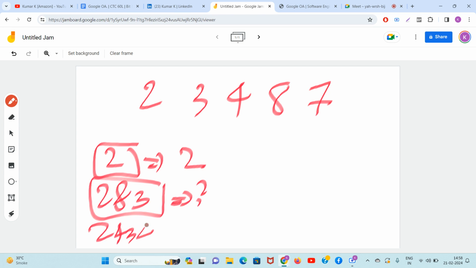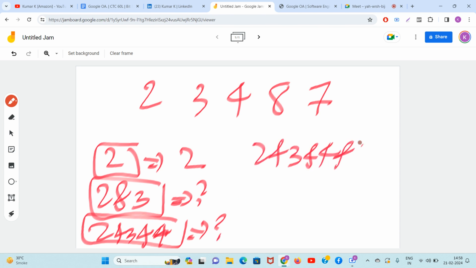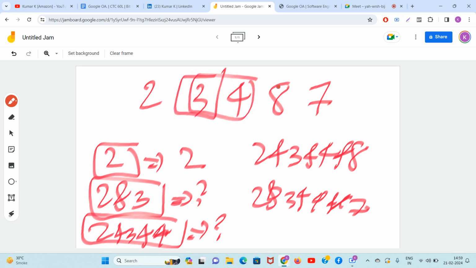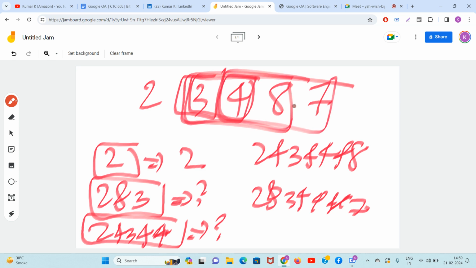Then 2 and 3 and 4. Then 2 and 3 and 4 and 8. Then 2 and 3 and 4 and 8 and 7. Once that is done, I calculate 3, then 3 and 4, then 3 and 4 and 8, then 3 and 4 and 8 and 7, then 4, then 4 and 8, and then 4 and 8 and 7.